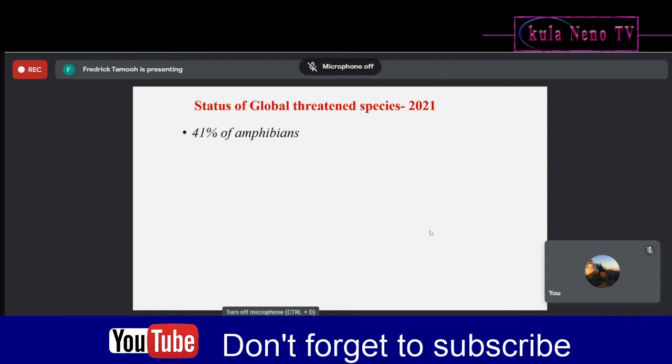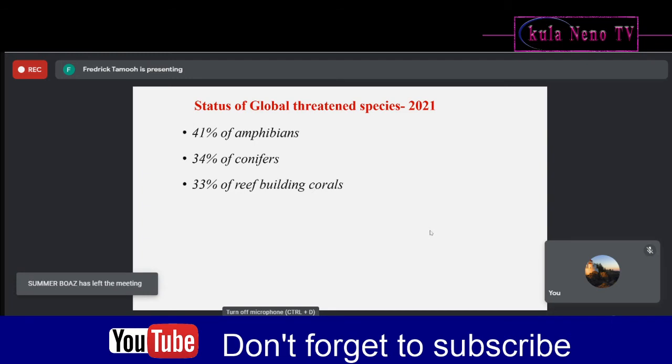All right. I was saying, out of all the species that have already been assessed, 41% of all the amphibians that have been assessed are considered to be threatened, meaning they are in that category of species that are critically endangered, or endangered, or vulnerable.